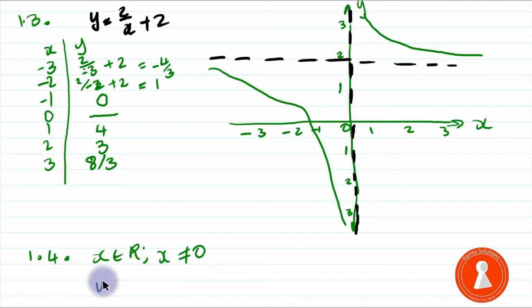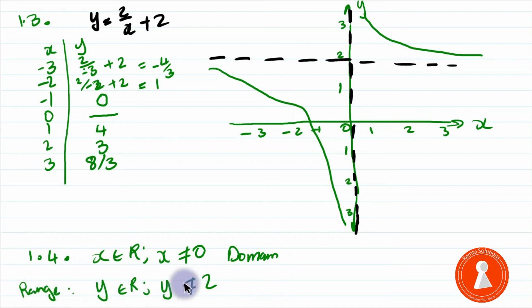For the range, it will allow all y values, but it will not allow the horizontal asymptote, which is your q value. So y is an element of the real numbers, but y is not equal to 2. Remember, this one is the domain and this one is your range.